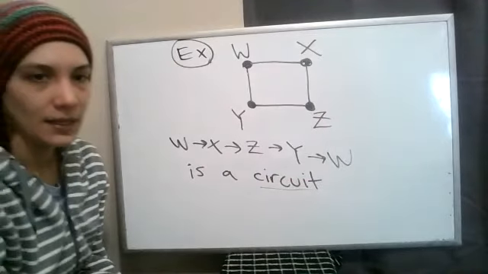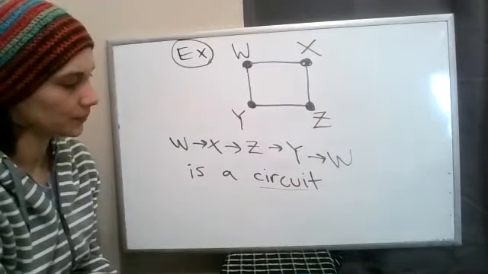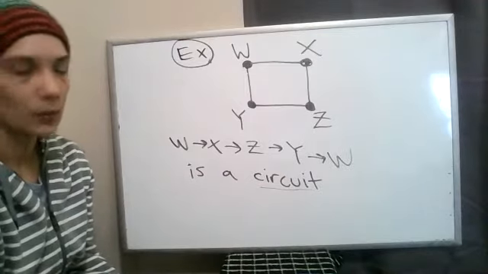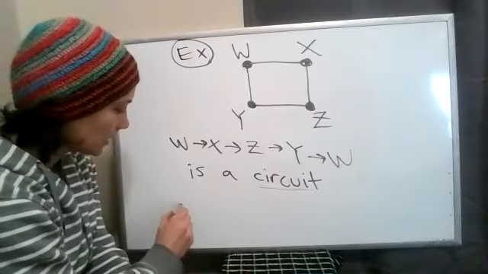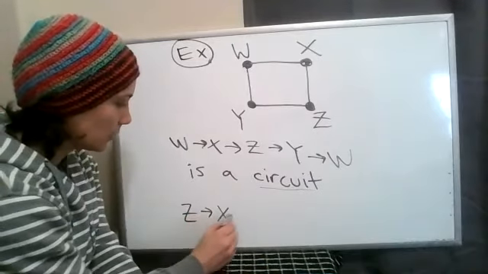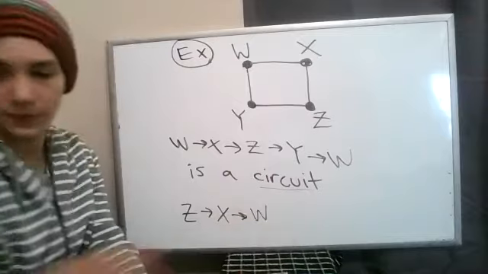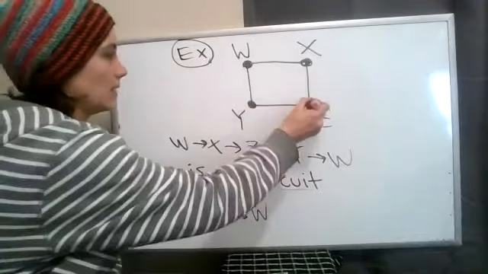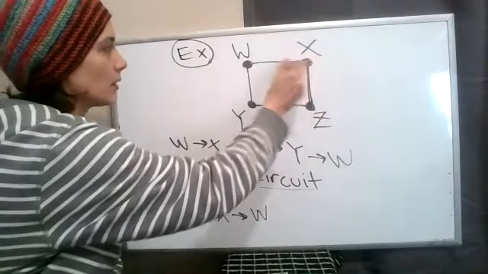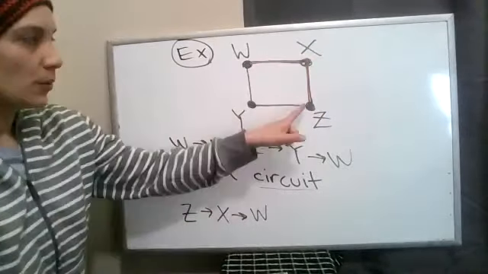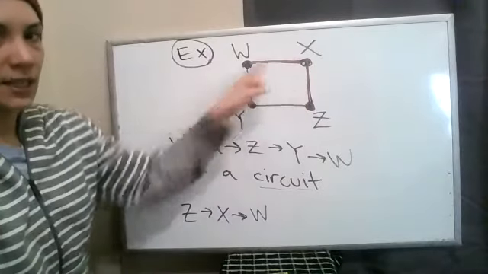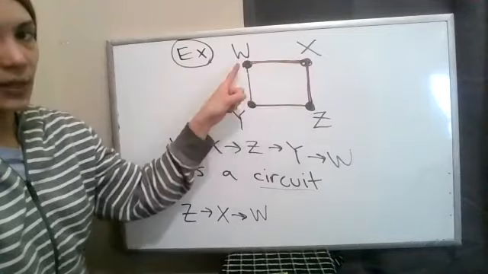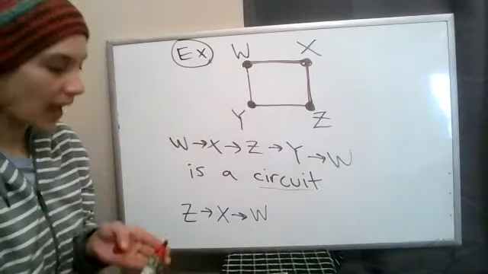Okay, and how about Z, X, W and see what that looks like. Z over to X, over to W. Up and over. So it is a walk. Each vertex is connected to the next one by an edge. And I only use this edge one time and that edge one time. So I have a path.